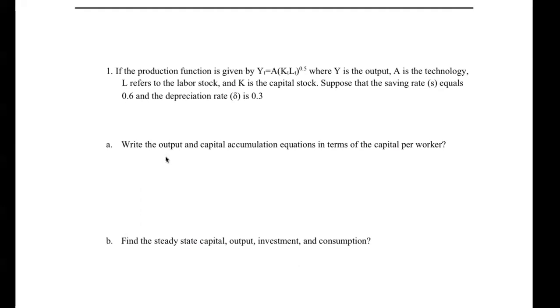Firstly, let's read question 1. If the production function is given by, remember that this is not the small yt, it's capital YT, equals A KT LT to the power of 0.5, where Y is the output, A is the technology, actually a constant value, and L refers to the labor stock and K is the capital stock.